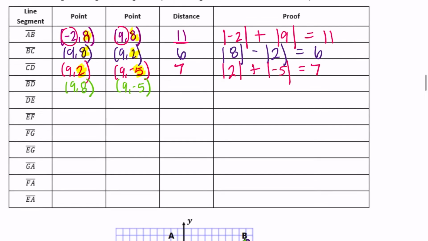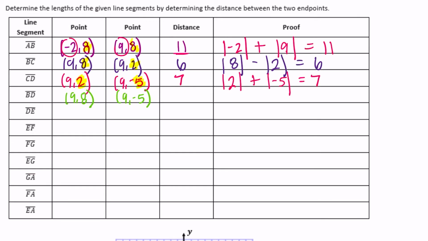So we're going to be adding the y coordinates because those are the ones that are different. So let's do the absolute value of 8 plus the absolute value of negative 5 would be equal to 8 plus 5 is 13. So the distance is 13.